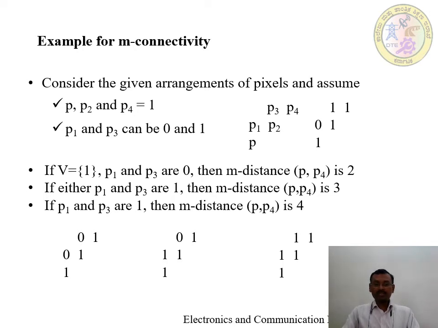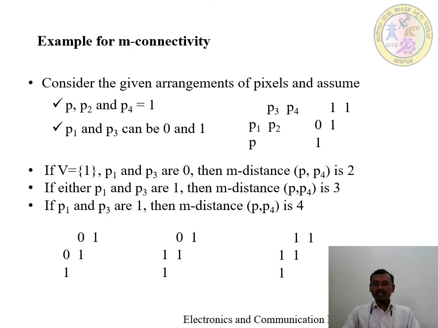You can see in the first figure at the bottom, where you modified P1 and P3 to 0, the distance from P to P4 is 2. If either P1 or P3 is 1, then the M distance between P and P4 is 3.